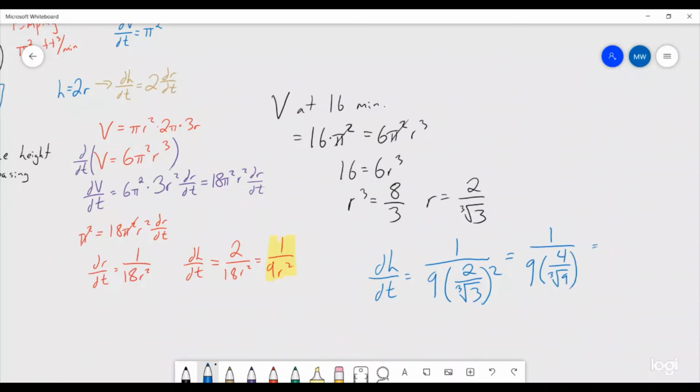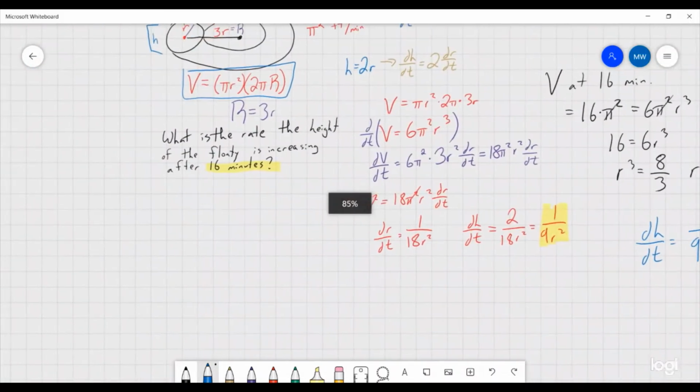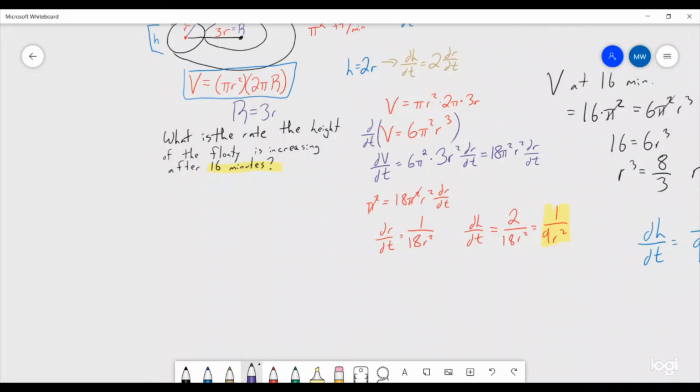So that's going to be the cube root of 9 over 9 times 4. That is how fast the height of the floaty is increasing at 16 minutes. So we bring that all back. We find dh/dt is equal to the cube root of 9 over 36 feet per minute. And that is what our answer for this one would be.